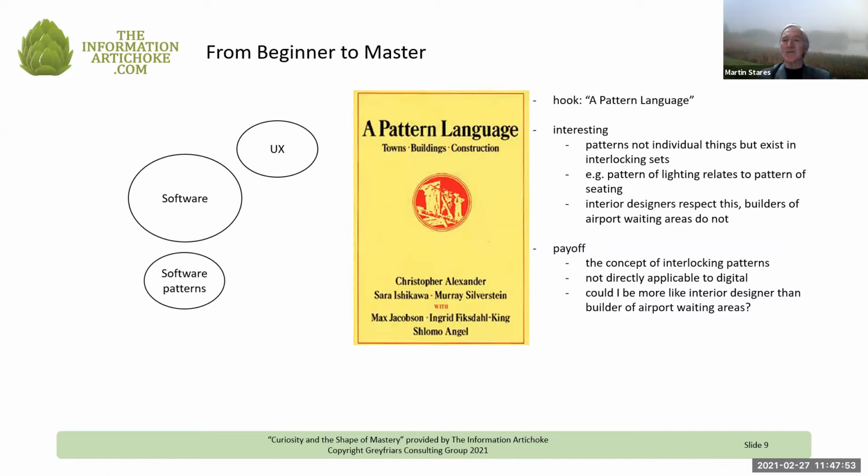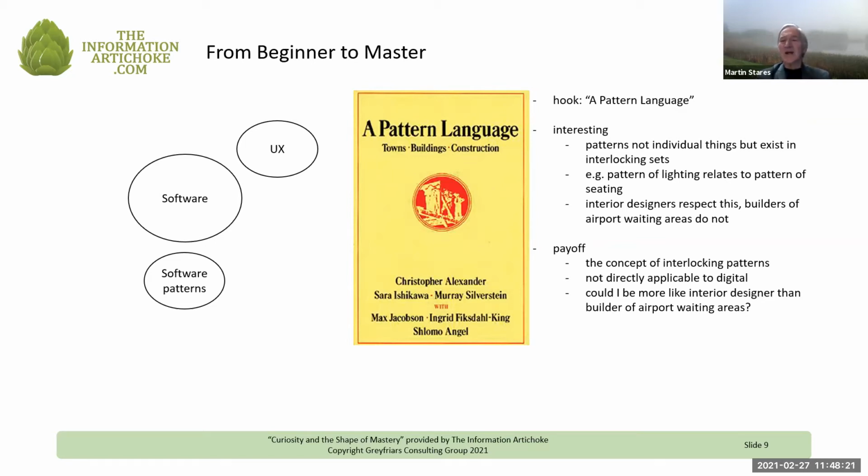And it was talking about patterns. I was hooked by the title. And a pattern, in his view, is not an individual thing, but something that exists in interlocking sets. That's a little bit different. I like that idea. For example, a pattern of lighting can relate to a pattern of seating in a building. Now, interior designers know this, but apparently the builders of airport waiting areas do not.